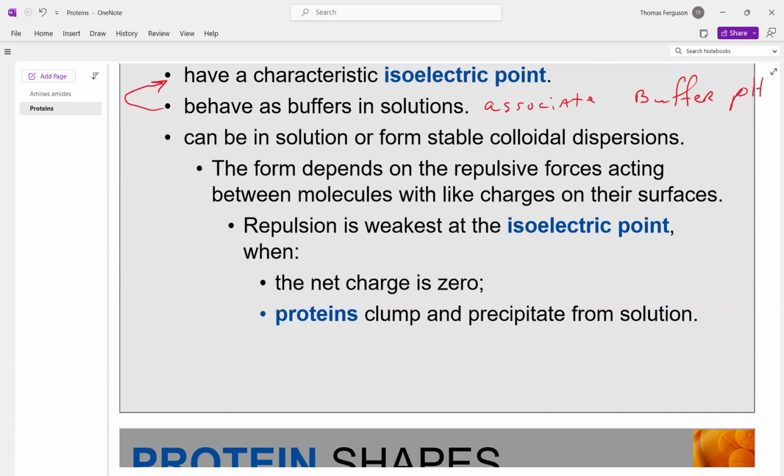Hence, if it's in water, like our body, for example, or milk or whatever, then it's going to curdle out, precipitate out. So this relationship between isoelectric point and pH is real important.